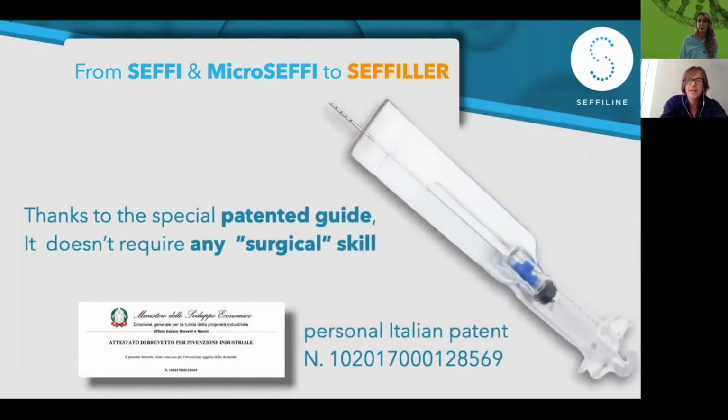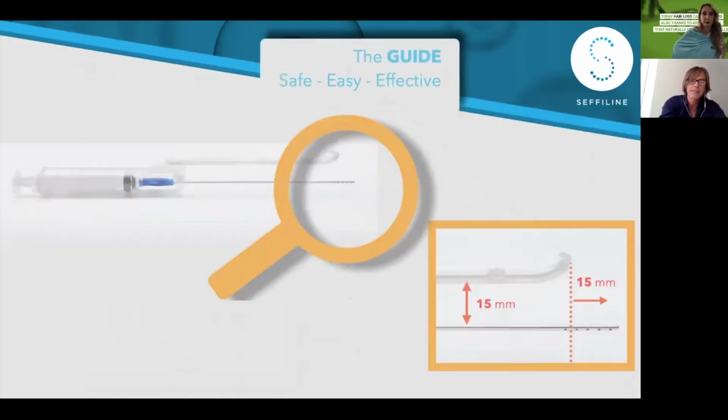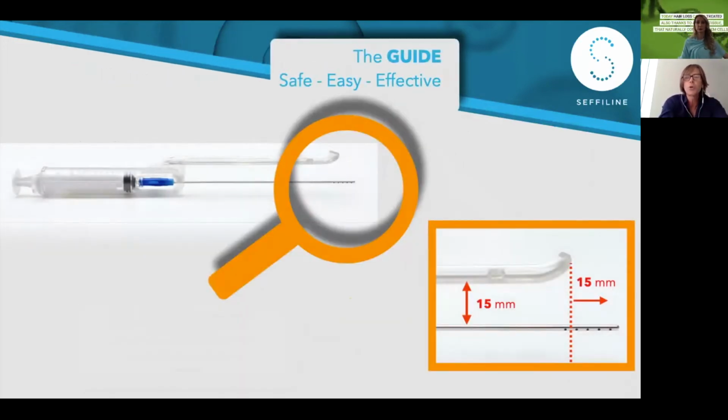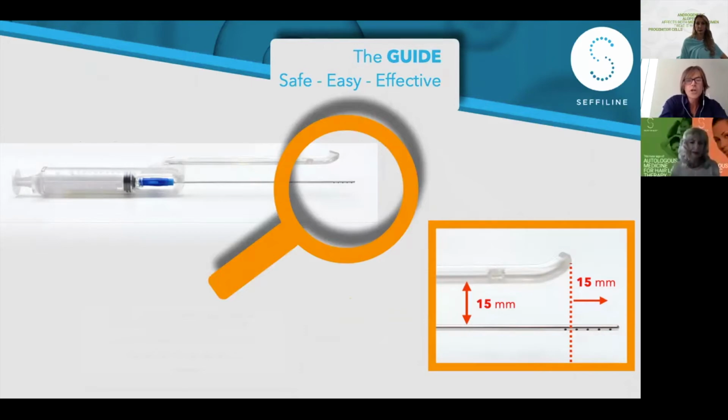The guide is my personal Italian patent, and now I'm going to show you and explain this guide. When you insert the syringe and the cannula inside the guide, the cannula comes out 15 millimeters from the edge of the guide.